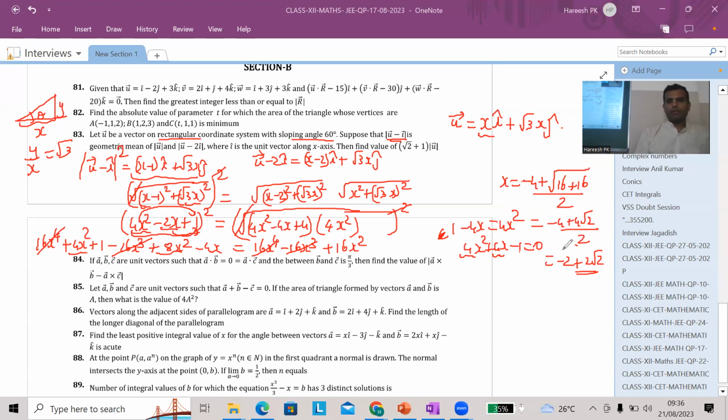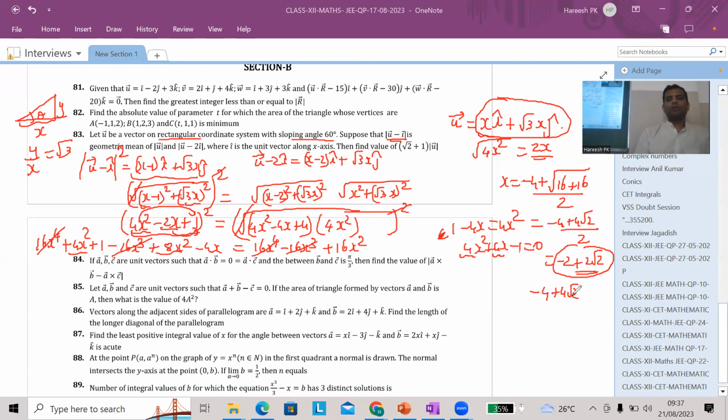So now this is x. So how much is mod u? Mod u is nothing but root of 4x square, which is nothing but 2x. So multiply this with 2. So basically, again you will get back this, minus 4 plus 4 root 2.